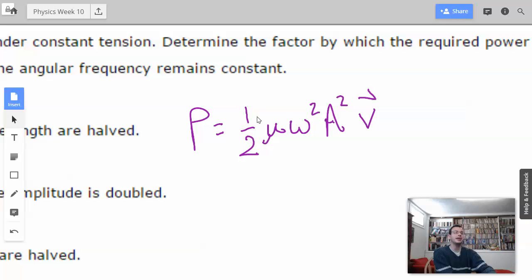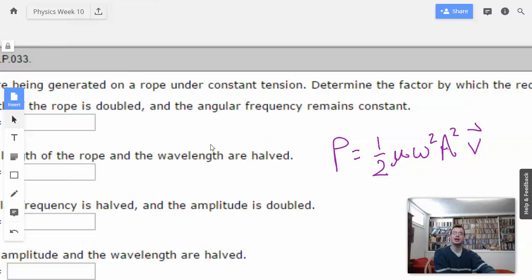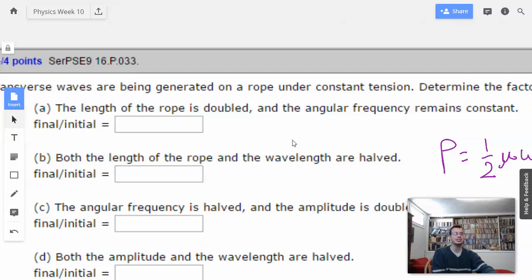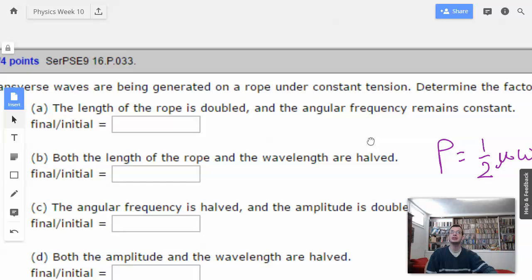You have 1/2, so this is kind of like 1/2 mv squared, which you're used to from the kinetic energy equation. And then to get the power, you have a velocity, which is meters per second. There's probably some other details there, but that's just a basic idea of where they're coming from with this equation.